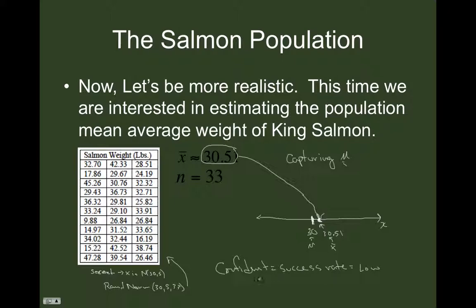In fact, mathematically, since the domain of this population is uncountably infinite, the probability that x bar actually equals mu is 0. So what we would say is that our confidence in this point estimate is 0 or 0%.